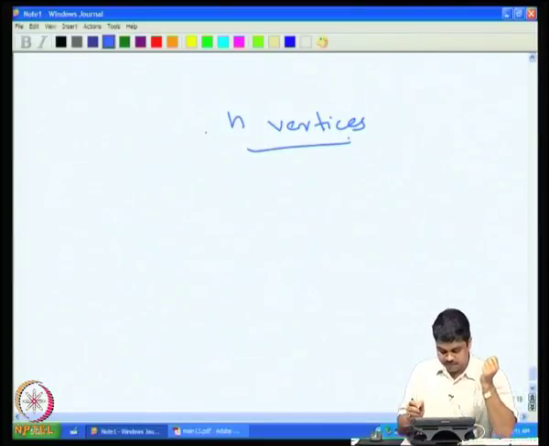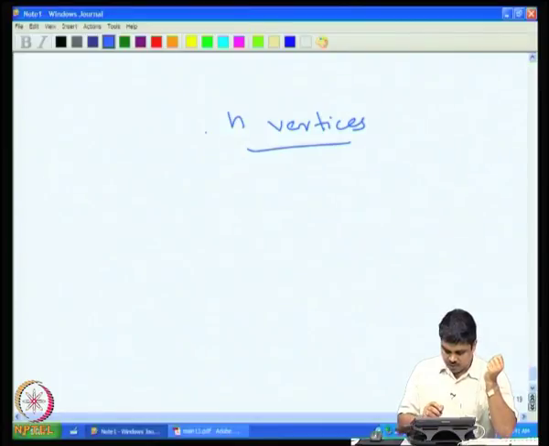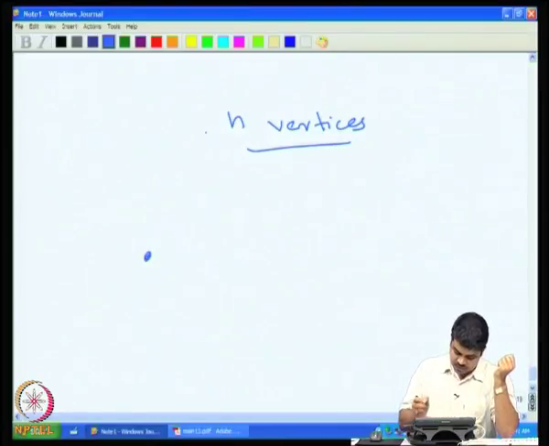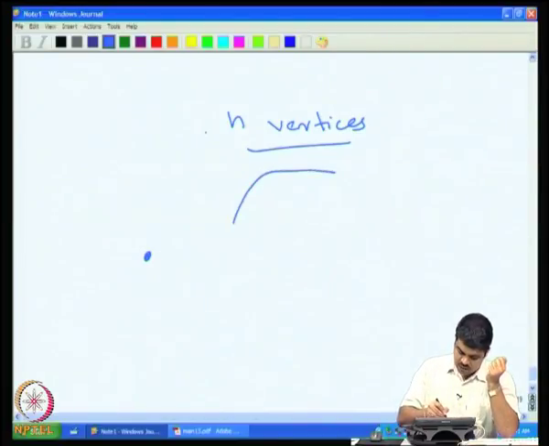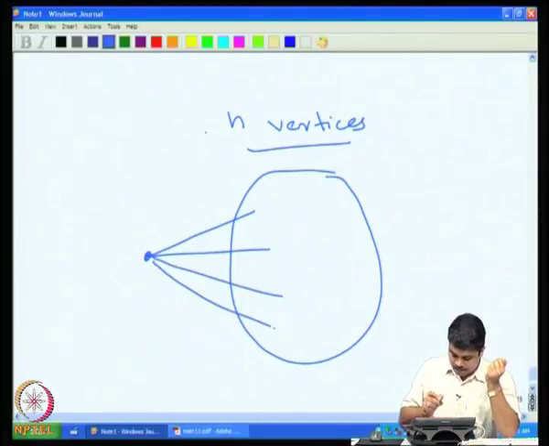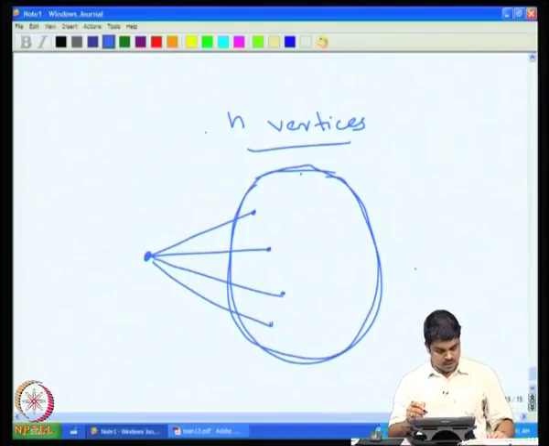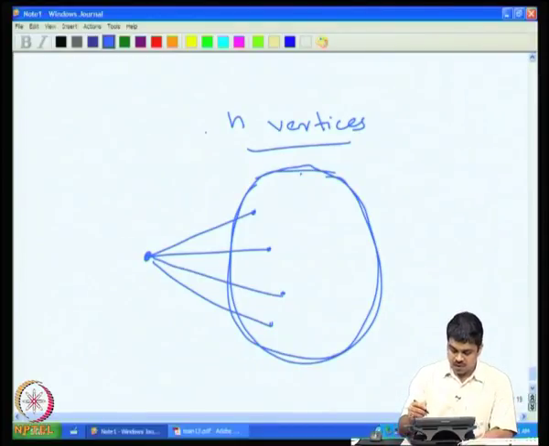Now we consider some vertex, and we look at the graph after removing that vertex. These are its neighbors. Of course, this graph having only n minus 1 vertices can be colored with delta colors.